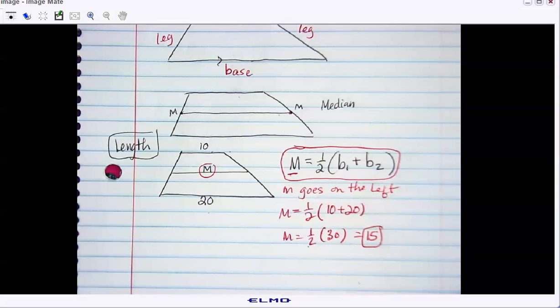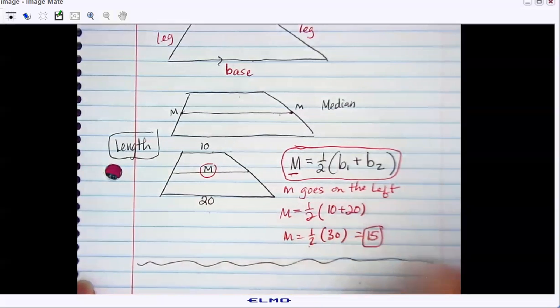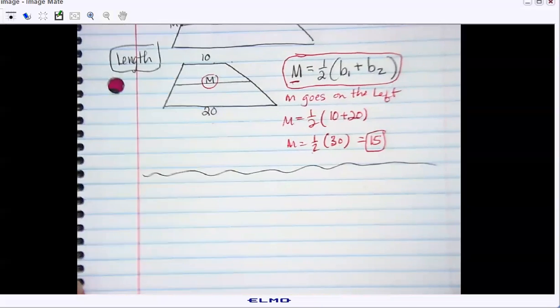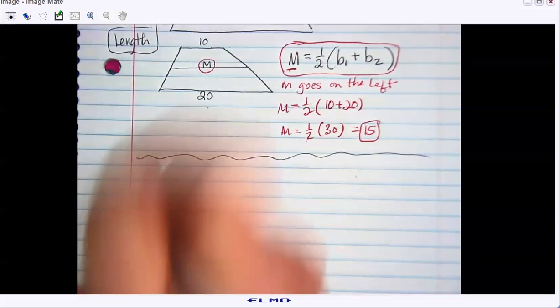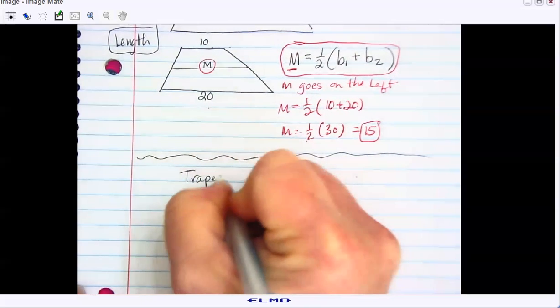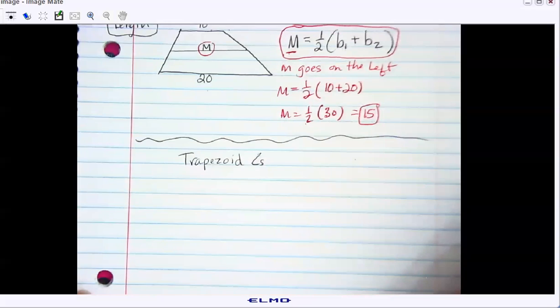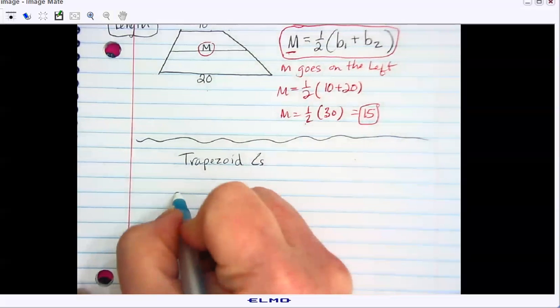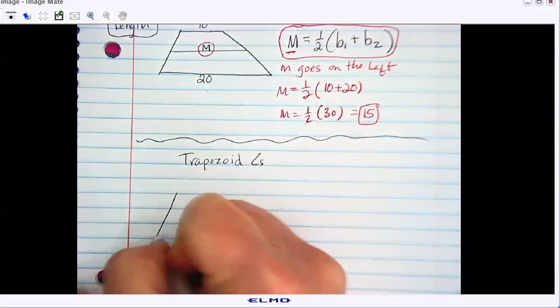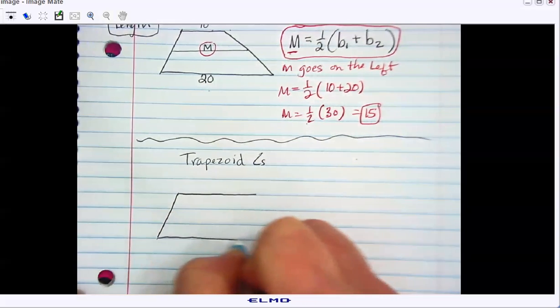Okay. Let's talk about trapezoid angles. So remember we were talking about your trapezoids having a set of parallel lines.